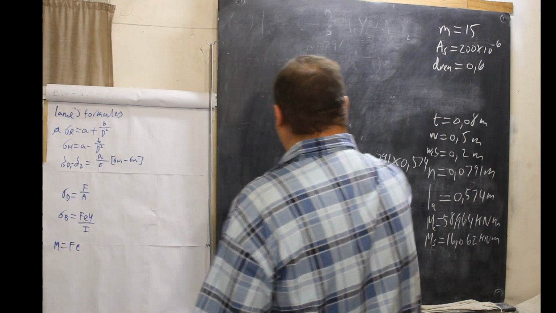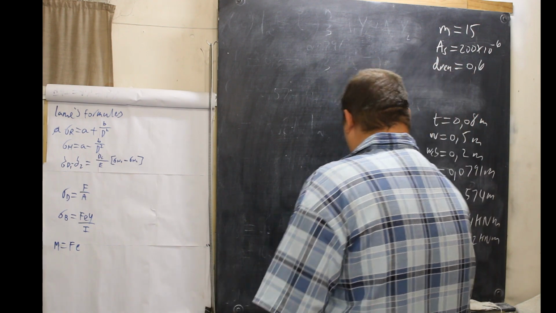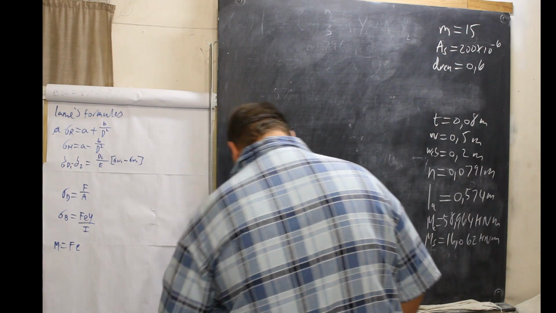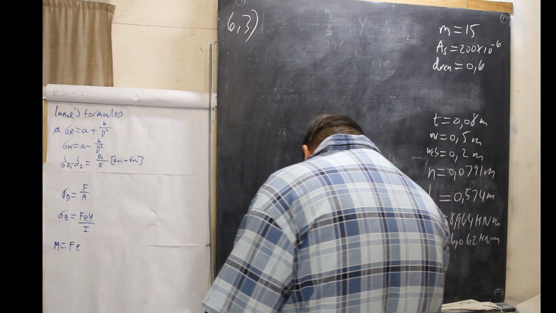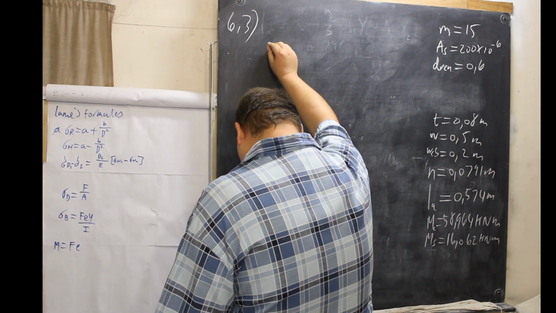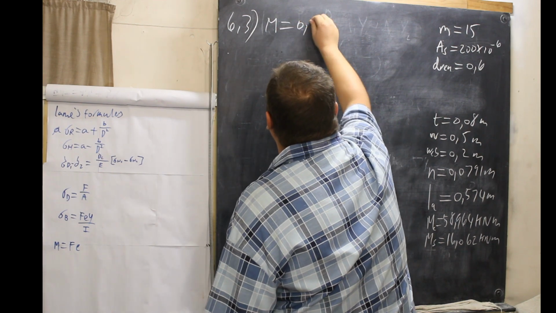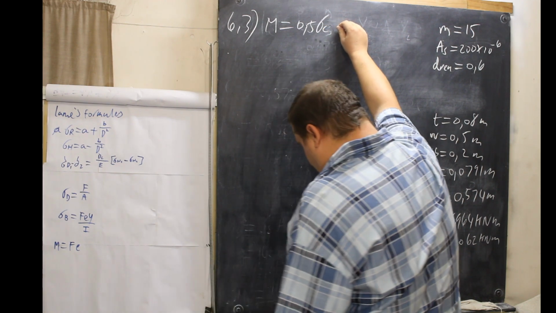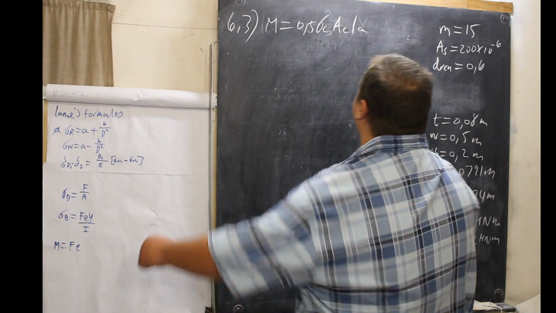Now we're going to do 6,3. Question 6,3. We are going to say the actual stress in the concrete. So M equals 0,5 stress on the concrete, area of the concrete, and LA.